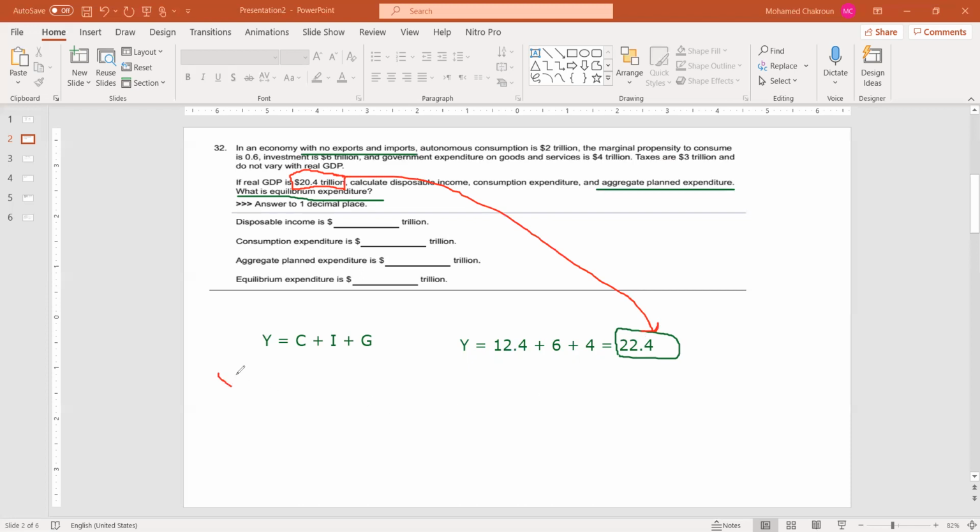So the equilibrium expenditure, Y, sorry.